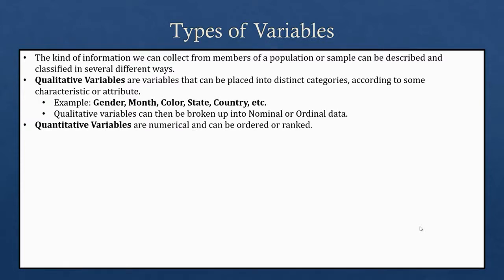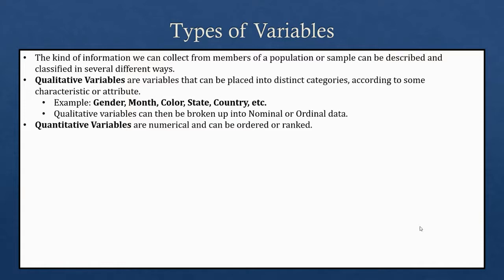The second overall kind of variable is a quantitative variable. Rather than categories, these are numerical in nature, and these values can be ordered or ranked. So quantitative variables always have to be numbers, but they also have to be numbers that can be quantified or compared based on their size.